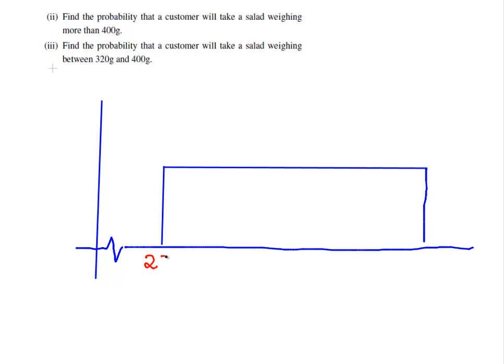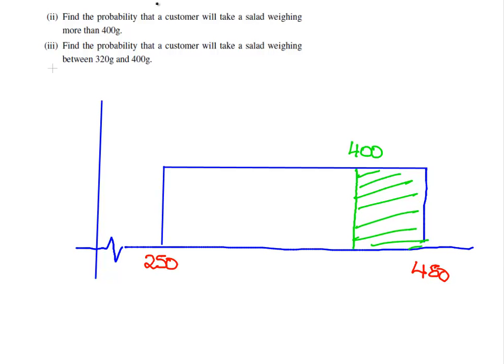So that's 250, 450. The question we just asked previously was to compute the probability of x greater than 400. So on the graph it might look like this. We're roughly about a quarter there. Let's mark in, this is f of x here, and that's 1 over 200.